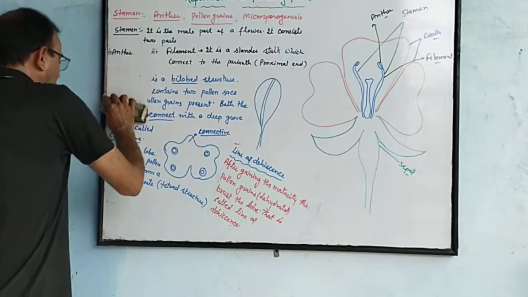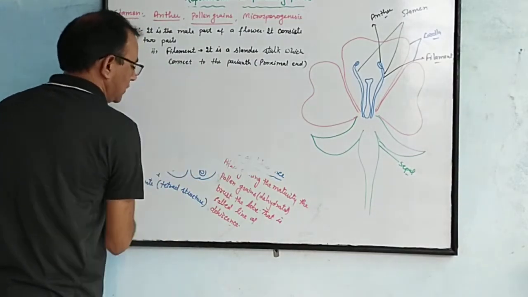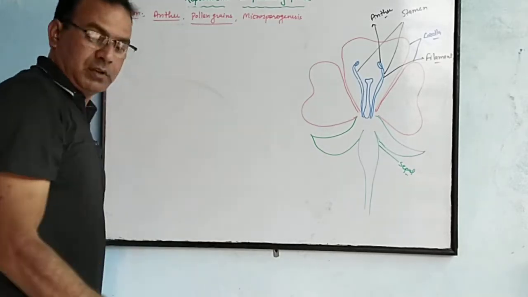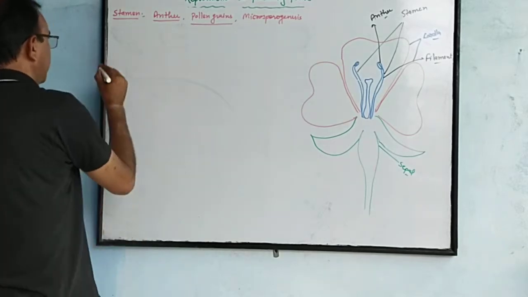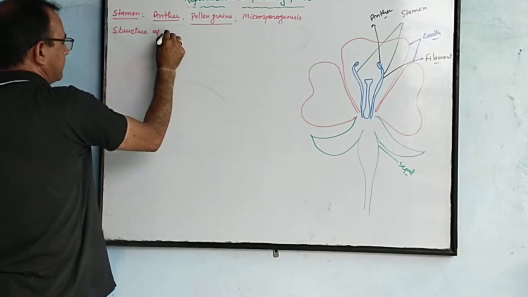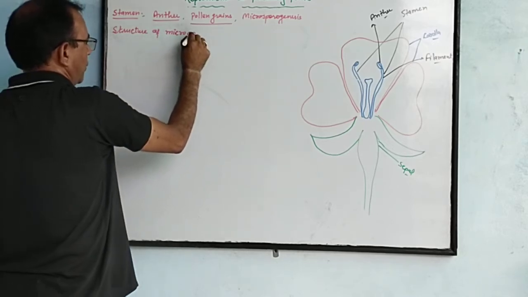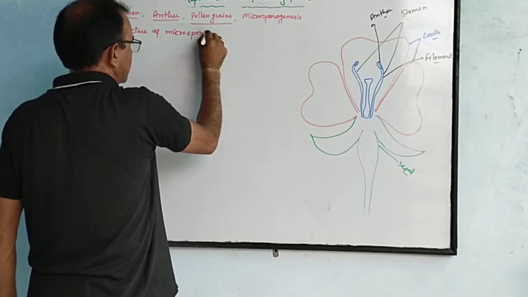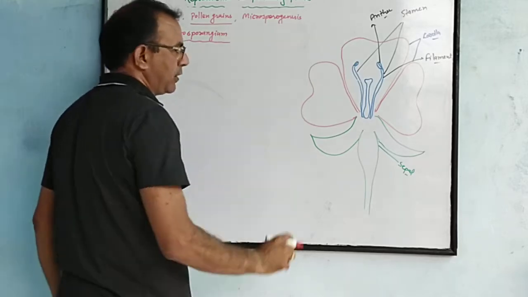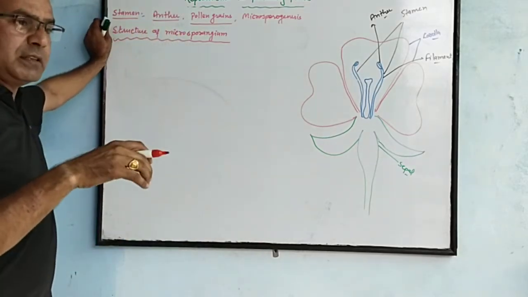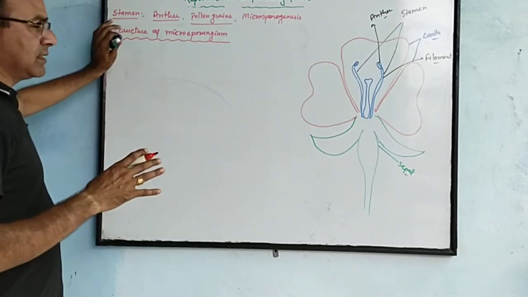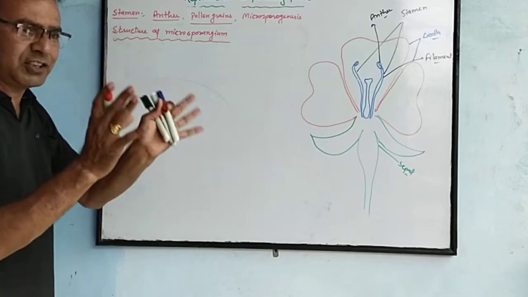Then the structure of microsporangium. As we discuss the microsporangium, meaning the pollen sac in which the diploid microspore mother cell is present, microsporangium means the structure किस way से होता है?